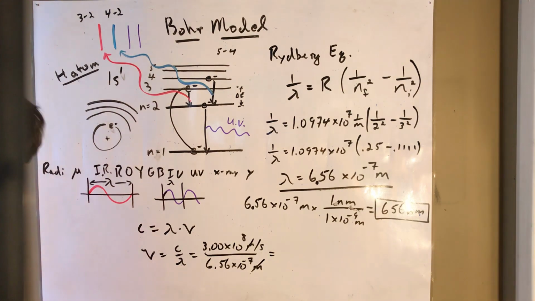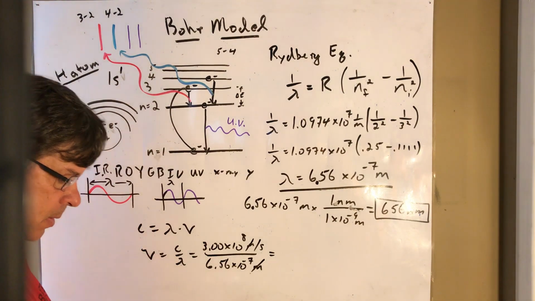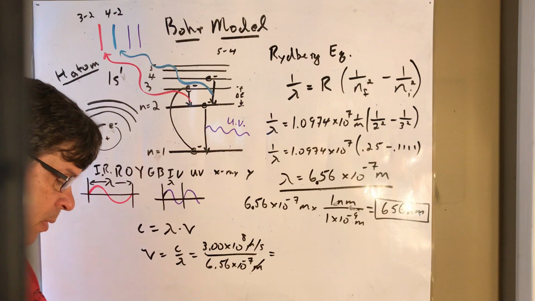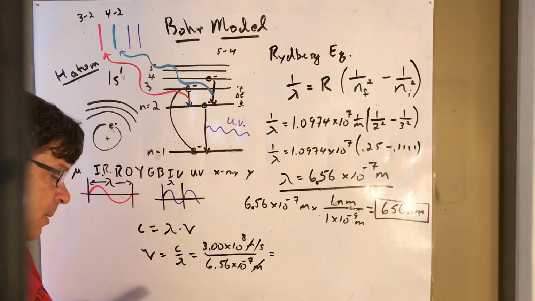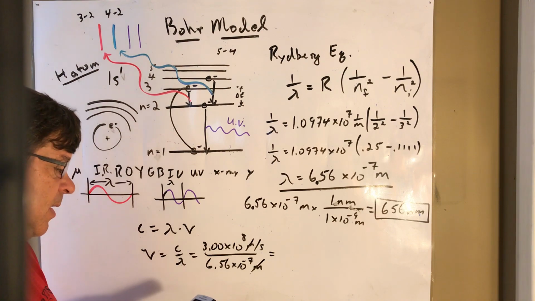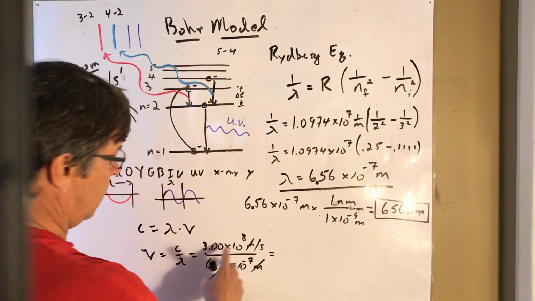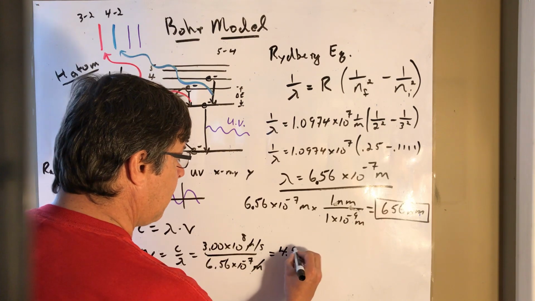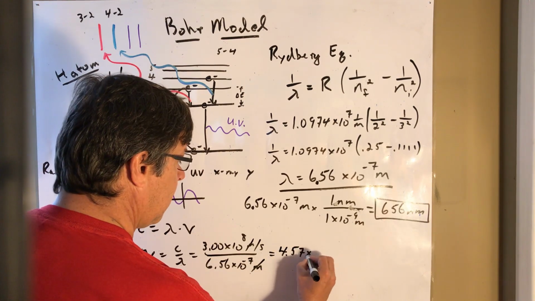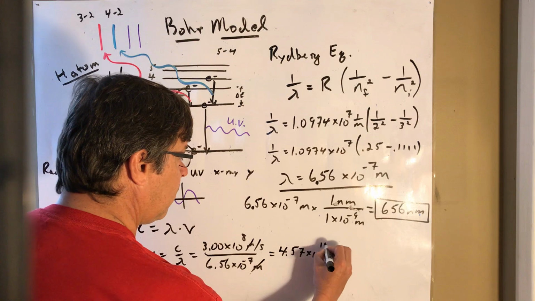Let me grab my calculator. All right, so 3 exponent 8 divided by 6.56 exponent negative 7 equals, okay, we'll use 3 sig figs here, 4.57 times 10 to the 14th.